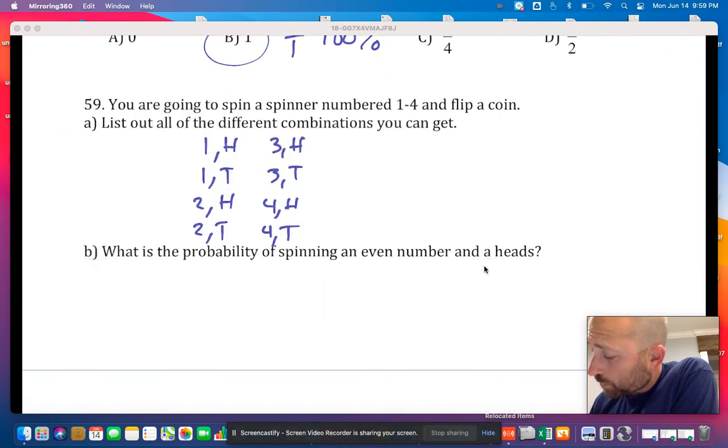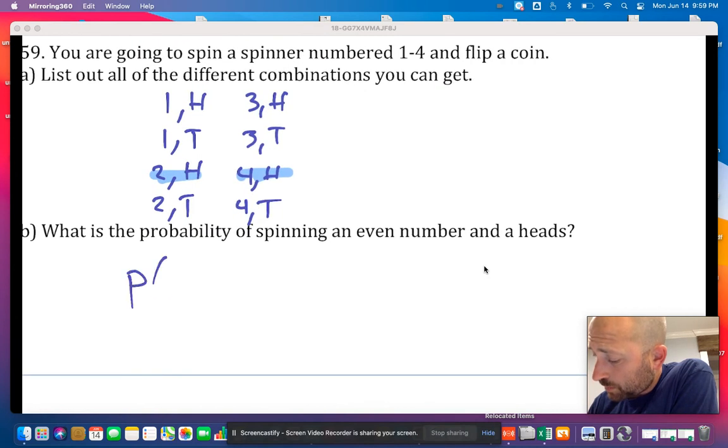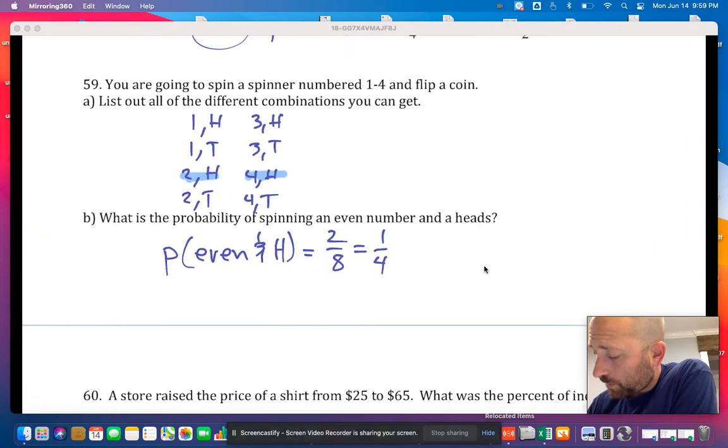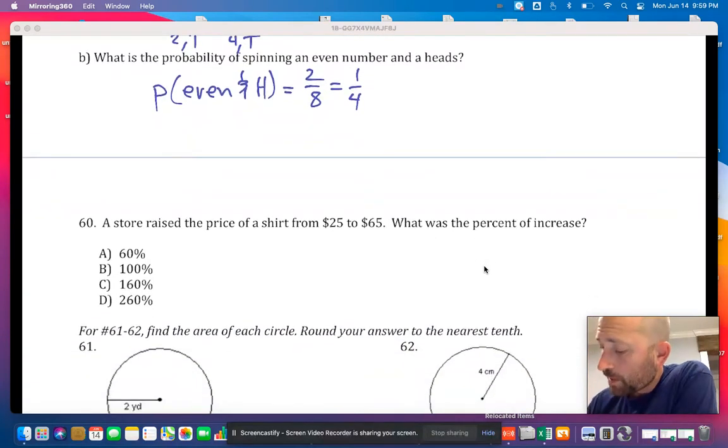Okay. What is the probability of spinning an even number and a heads? Well, there's one, and there's one. So that's 2, and there were 8 possibilities. So the probability of even and a heads is 2 out of 8, which simplifies down to 1 out of 4.